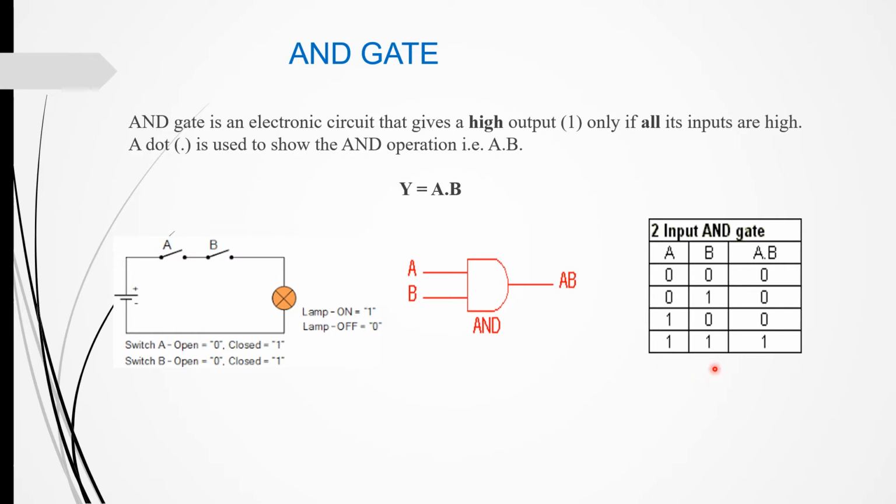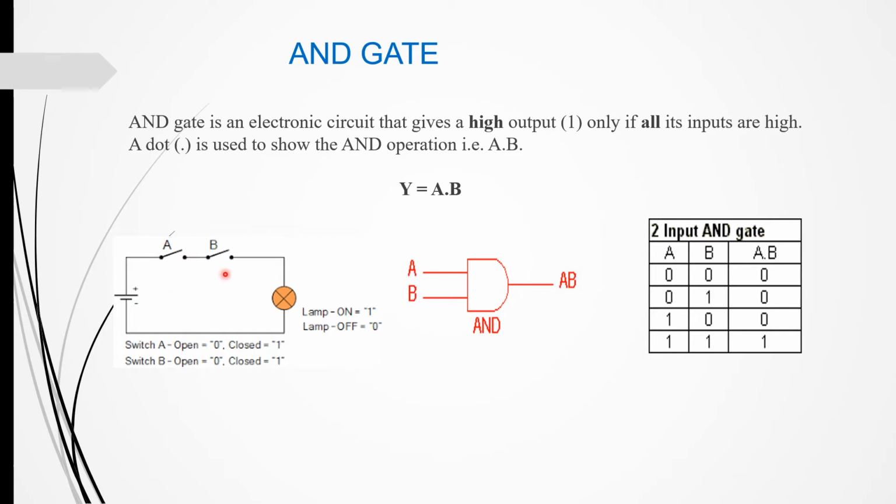In the truth table you can see these are all possible input conditions. Its output is 1 only when all inputs are 1. When any one input is 0, its output is 0. So this is truth table of AND gate. Here you can see switching circuit of AND gate.